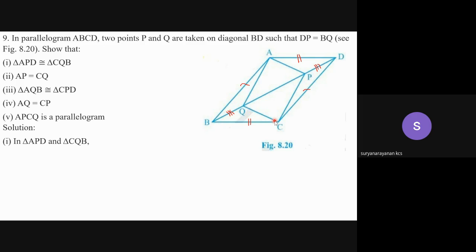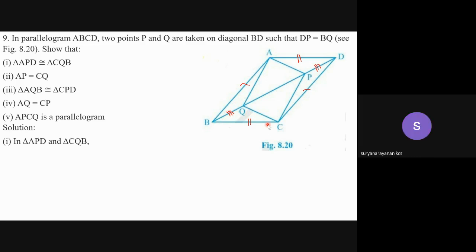Now, tell me which parts of these two triangles are equal. What do you observe? APD triangle is there, CQB triangle is downside. Focus on these two triangles only, not on the entire figure. So BC and AD.